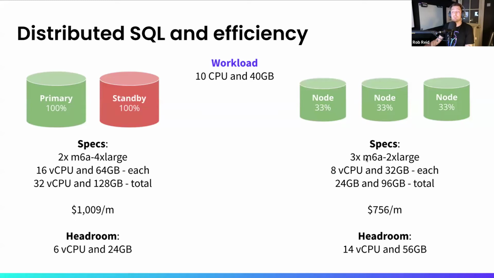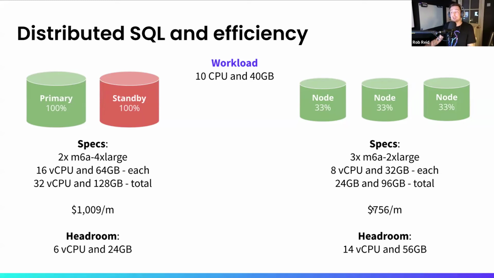In this, we're using more machines, but they're smaller machines. So instead of 2 M6A4X large, we're looking at 3 M6A2X large. Now, obviously, your choice of machine is very much up to you, but this is just indicative. Each machine has 8 CPUs and 32 gigabytes of RAM, which in itself is not enough to satisfy the total workload, but together they sport 24 vCPUs, that's a typo, and 96 gigabytes of total RAM.